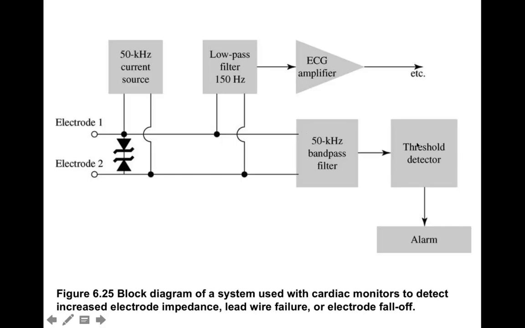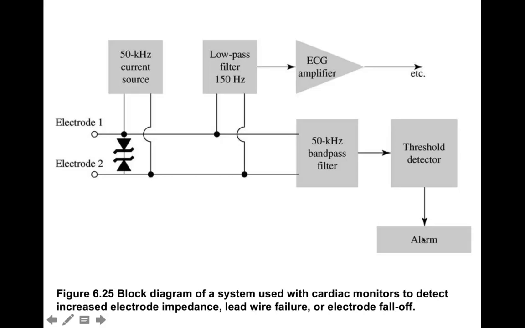What you're doing here is detecting some kind of a threshold that tells you if your electrode impedance is too great, or one of your wires suddenly comes loose, so maybe one of your electrodes comes off and is not making good contact anymore. You're doing a threshold detection, in other words, making sure you have a certain voltage level.